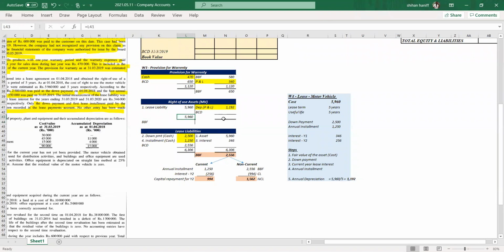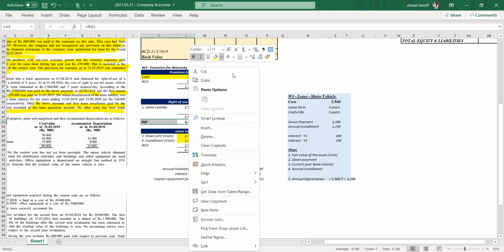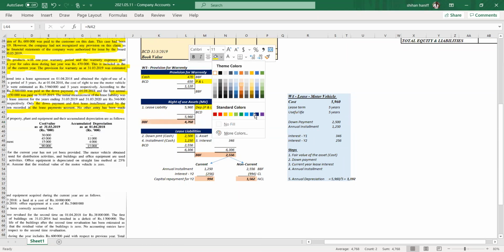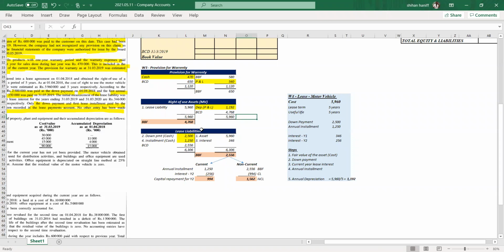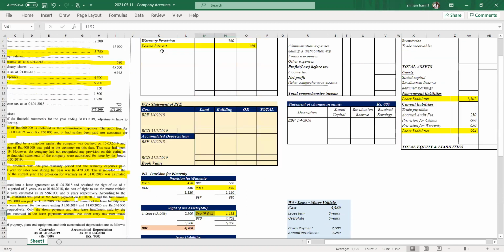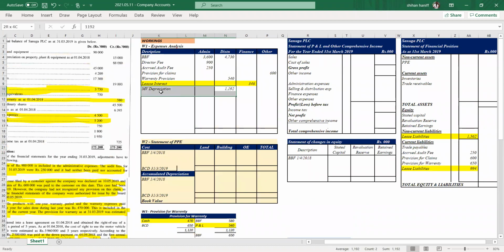So 5,960 minus depreciation is the net value of right of use asset. Depreciation has to be taken to the profit and loss account. Depreciation is a distribution expense. 1,190.